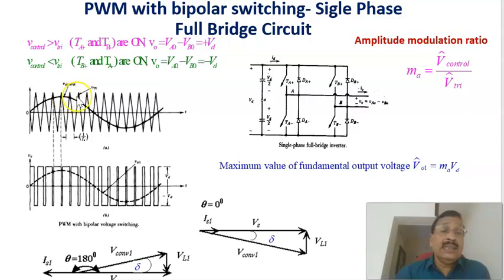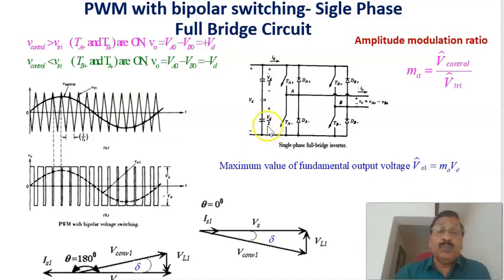There are two terms to be explained, the first being the modulation index. The amplitude modulation index is the maximum magnitude of the modulating signal divided by the maximum magnitude of the triangular signal. That ratio we call the amplitude modulation index, MA.